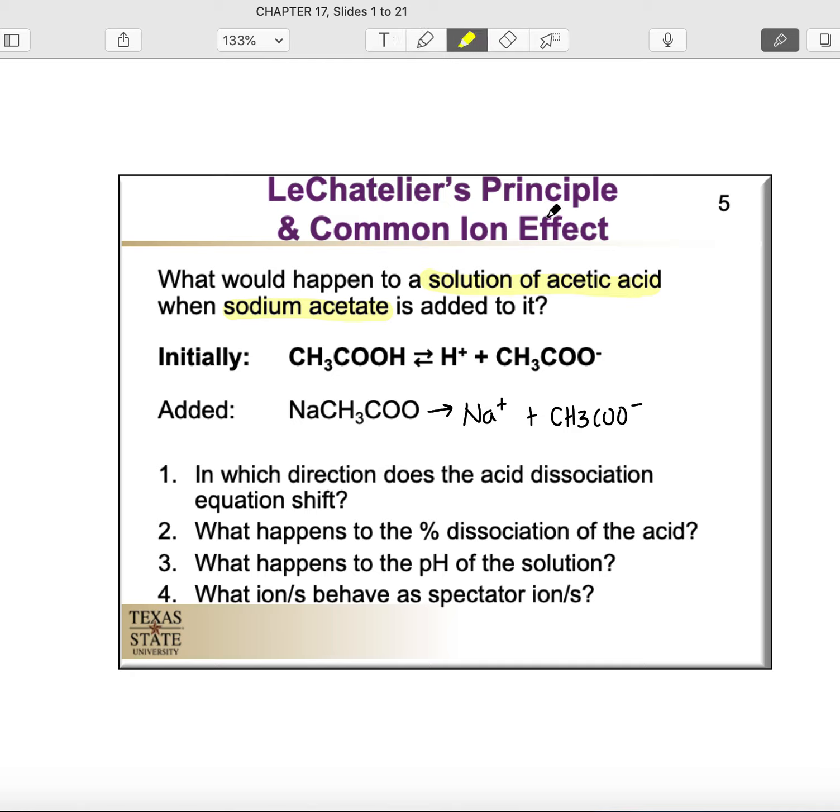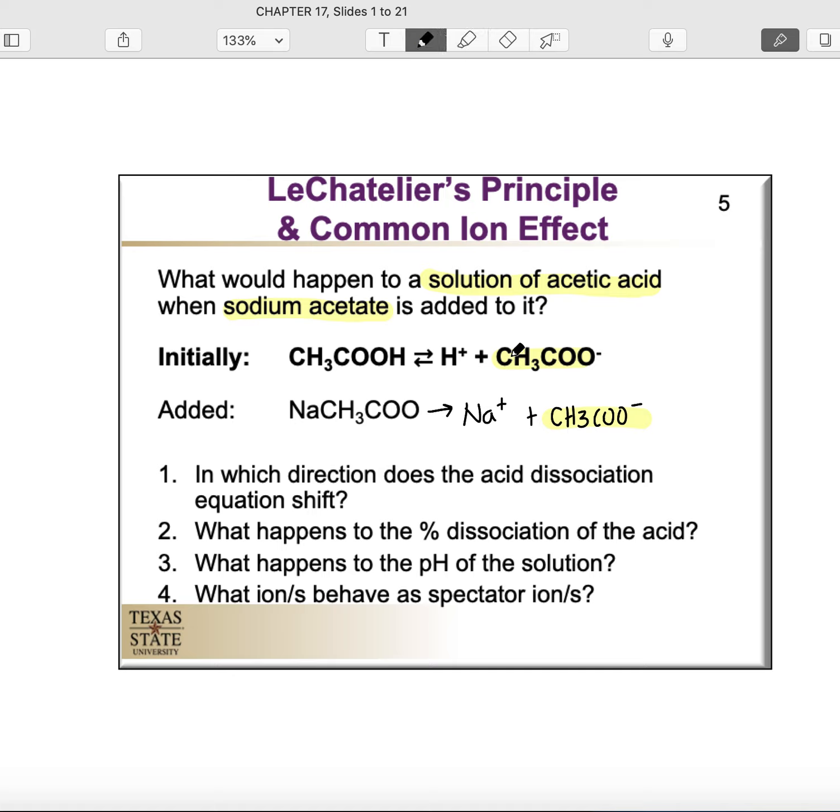And now you can see that all of a sudden we have basically the same ion, this common ion. And this is what we're talking about. What happens when we add a substance that shares an ion with the ion that was already participating in an equilibrium process? So I want you guys to think about Le Chatelier's principle in this case.